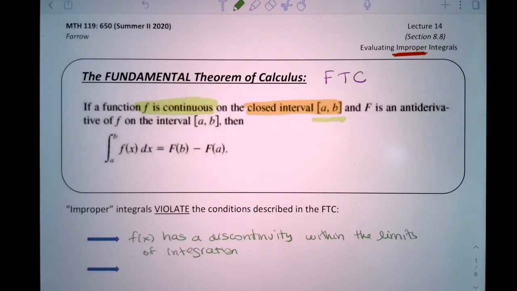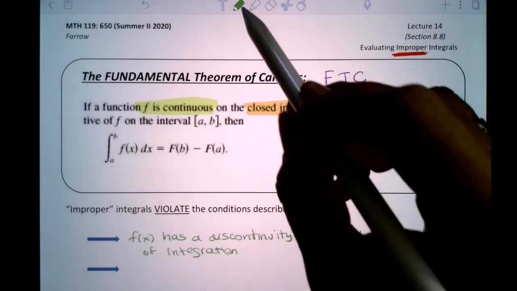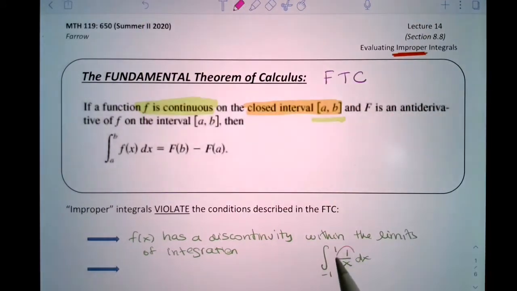So if you have any kind of issue going on, I'll give you an example. Let's say we're integrating 1 over x, and let's say I go from -1 to 1. That would be a problem. There's some kind of issue here. This function, I'll throw the dx on here, this function 1 over x clearly is not defined when x equals 0.